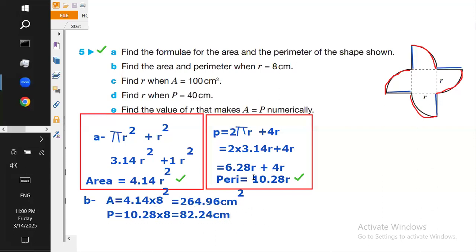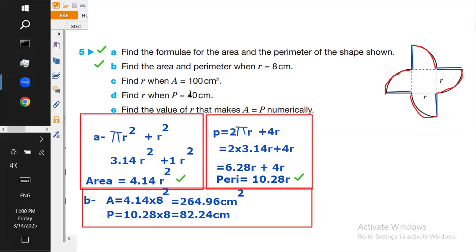So I found the area and the perimeter using the radius, which is 8. Once you found this, you can use it to answer the rest of the questions. And this is how you answer question B. Now let's move on and do question C here. Question C: find R when A equals 100 and find R when P equals 40.